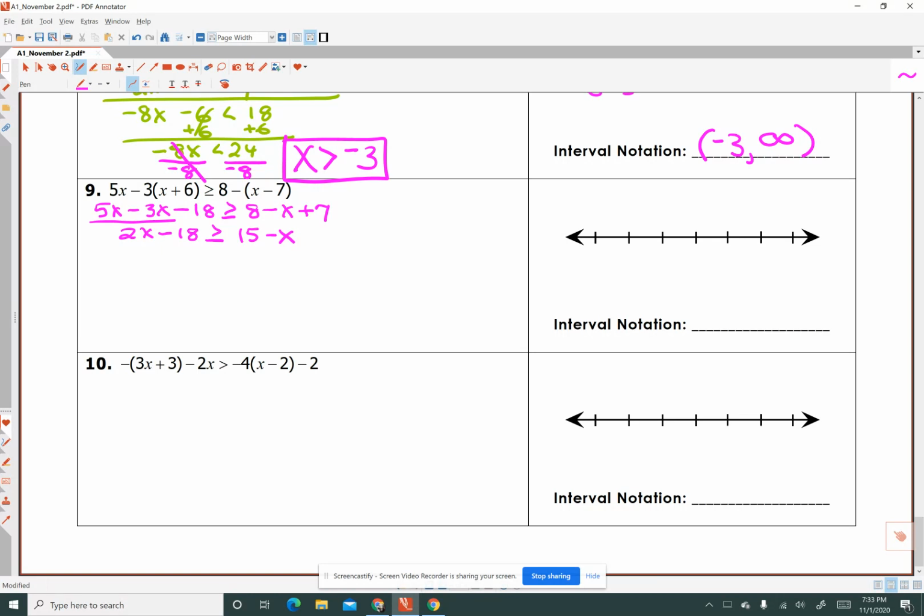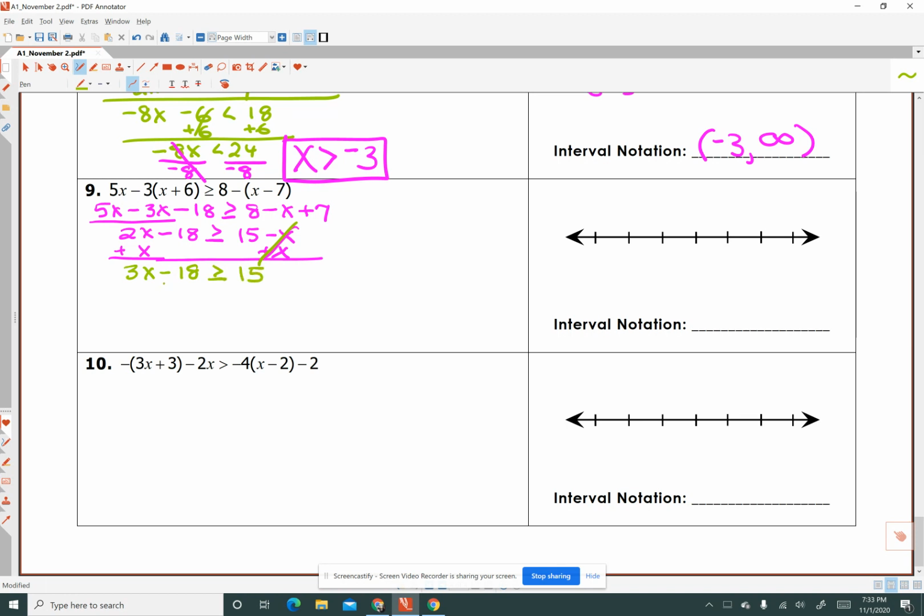I think what we want to do is, let's add x to both sides. A couple ways to do it, but I'm going to add 1x to each side. That cancels. Let's change our color. This cancels this. 3x minus 18 is greater than or equal to 15.